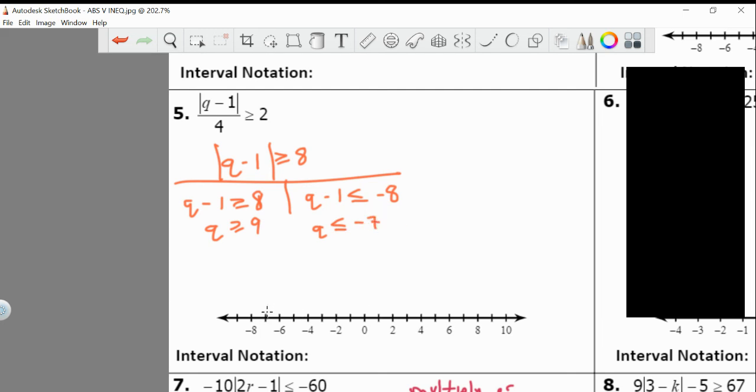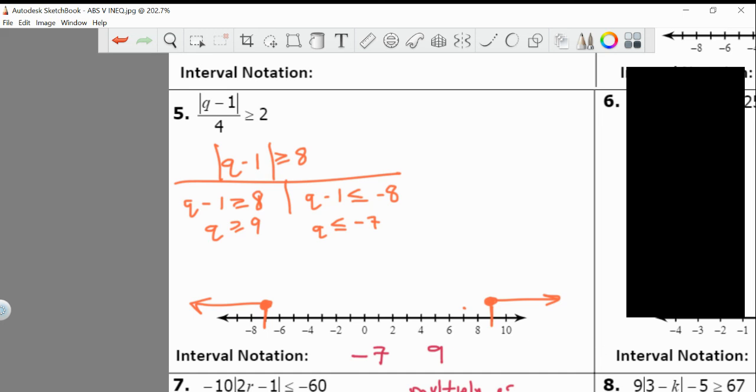I'm going to go ahead and grab negative 7 with a colored in dot. I'm going to go ahead and grab 9, which is right here, with a colored in dot. I need to be greater than 9. I need to be less than negative 7. Okay, now, if I want to do the interval notation, really the life hack here is take this number, which is negative 7, the small one, put it over there, then take the big one and put it over here.